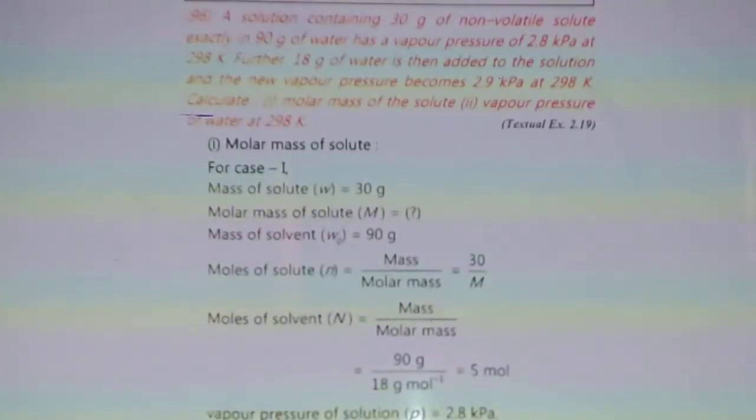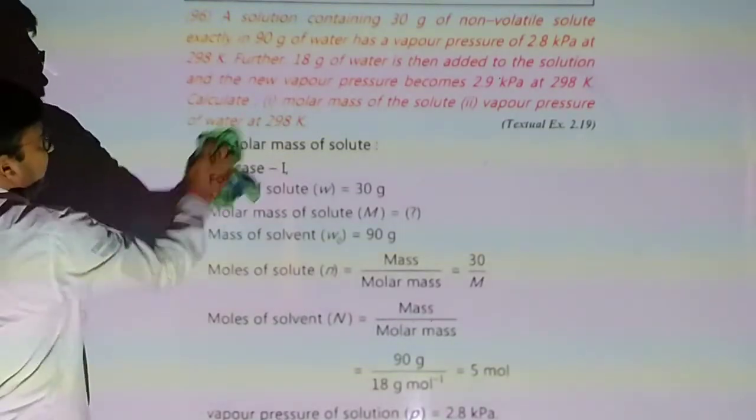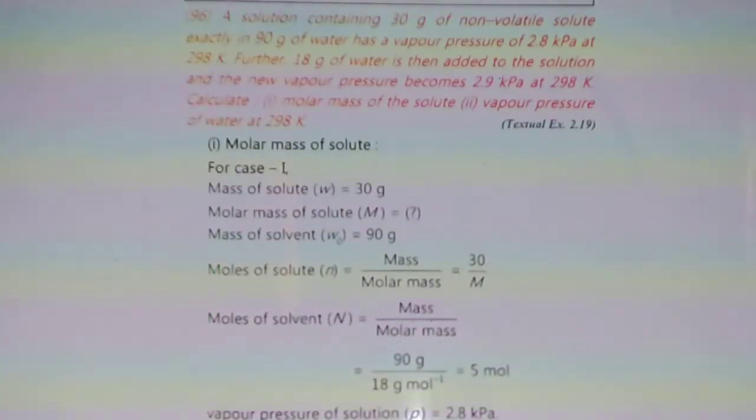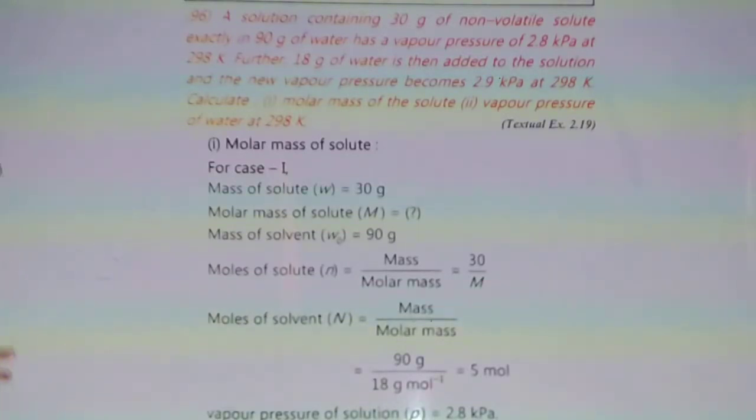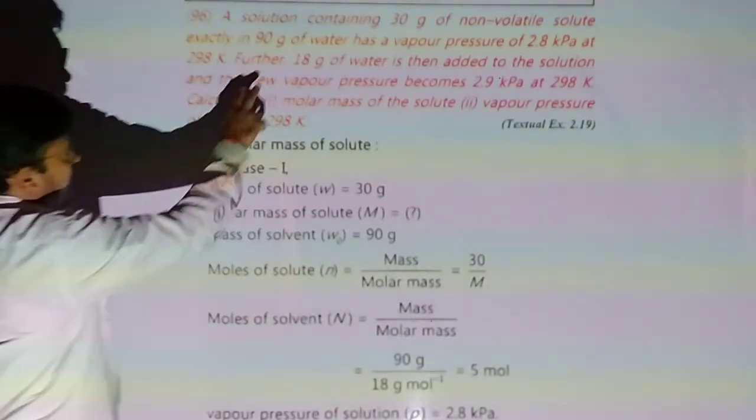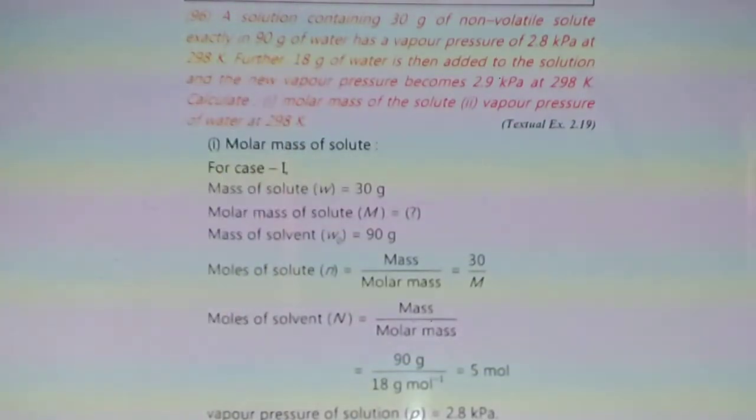2.19. A solution containing 30 gram of non-volatile solute exactly in 90 gram of water has a vapor pressure of 2.8 kilopascal at 298 Kelvin. 90 gram water ma 30 gram solute is dissolved.